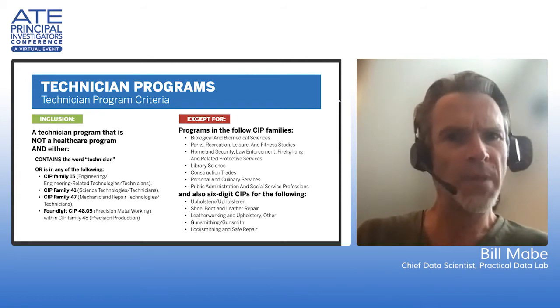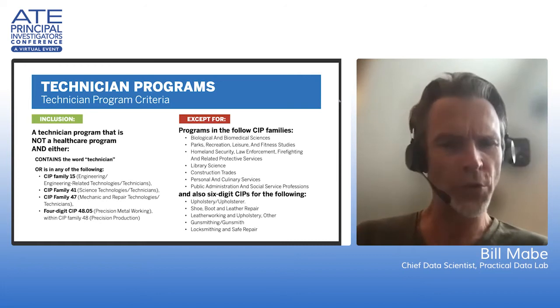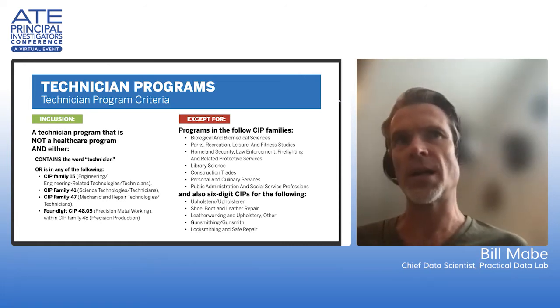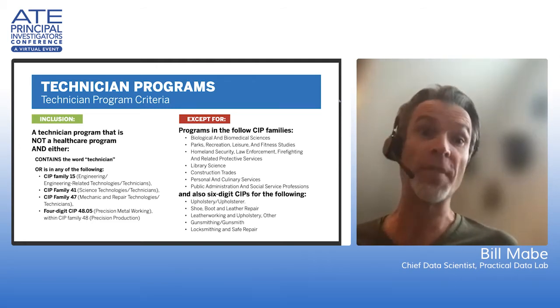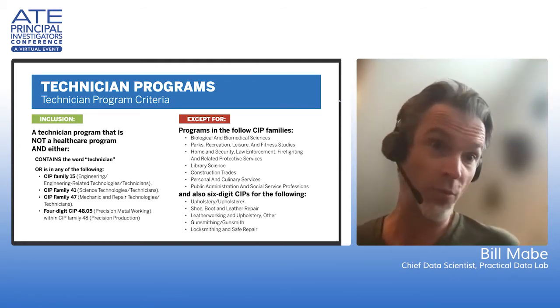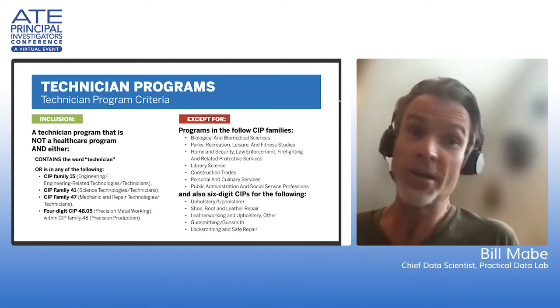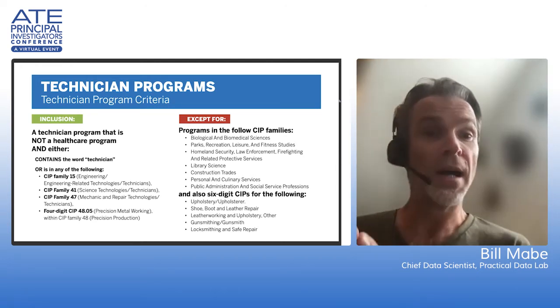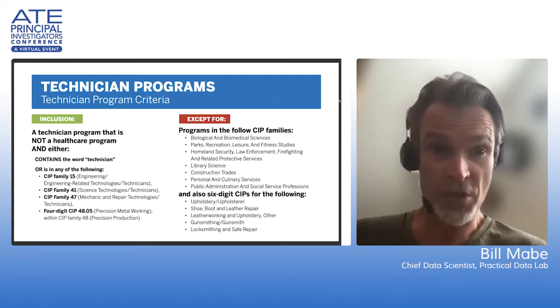Here's a slide to let you know which programs are included in this and which programs are not included. Part of this is we wanted to follow the way that the ATE program thinks about technician programs. When you apply for an ATE grant, you're not eligible if it's a healthcare technician program, for example, so we exclude any healthcare technician programs.